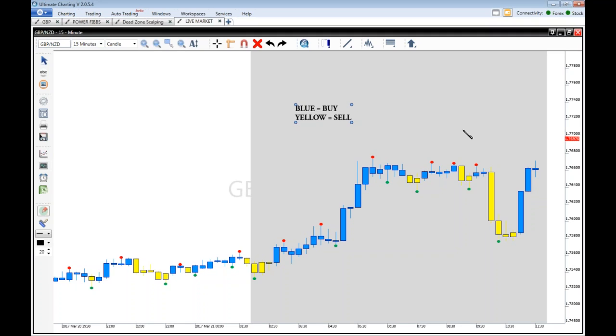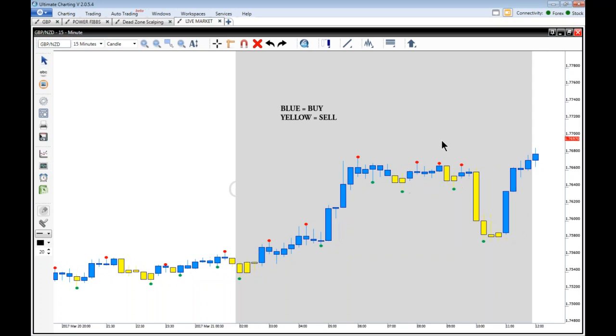What does that mean? Well, that means that we get a color at 12 noon, right? What's the color right here at 12 noon? What color is the candle? Blue, right? So we got confirmation that blue equals buy. Do we just get in on the trade?